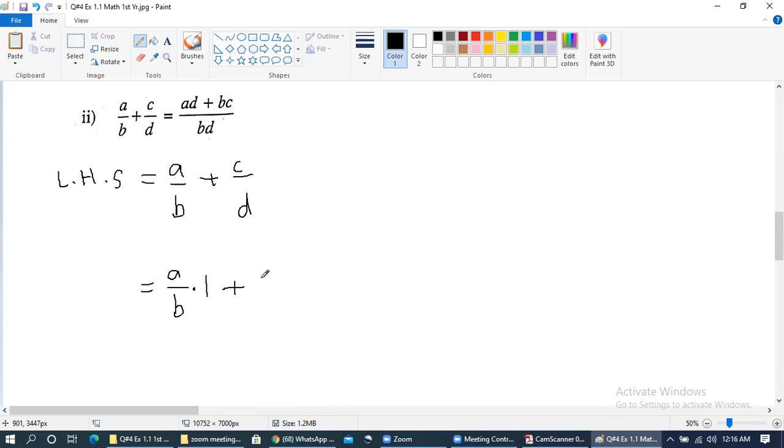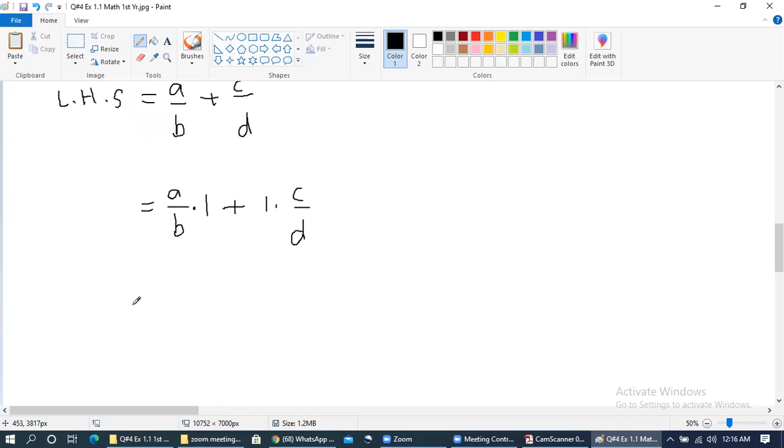And again, C by D is also going to be multiplied with 1. So 1 multiplied by C by D. So this is multiplied by 1 each.